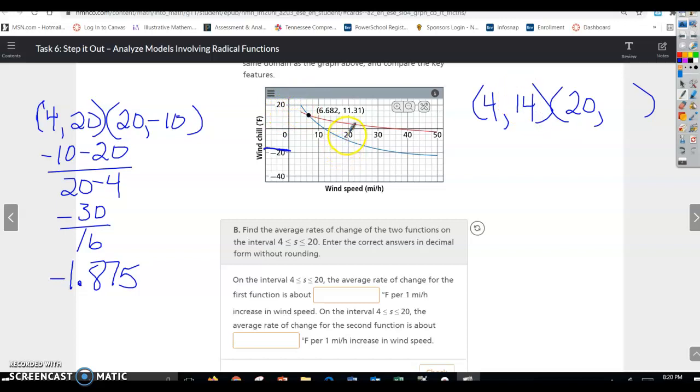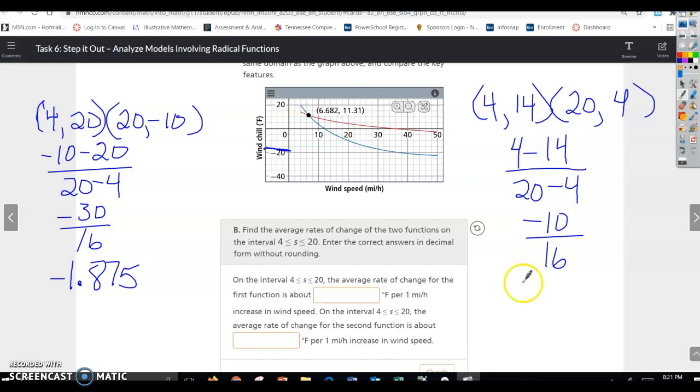Then at 20, there's 10, that's 5, let's say about 4. So y minus y: 4 minus 14 over 20 minus 4, and that's negative 10 over 16, which is negative 0.625.